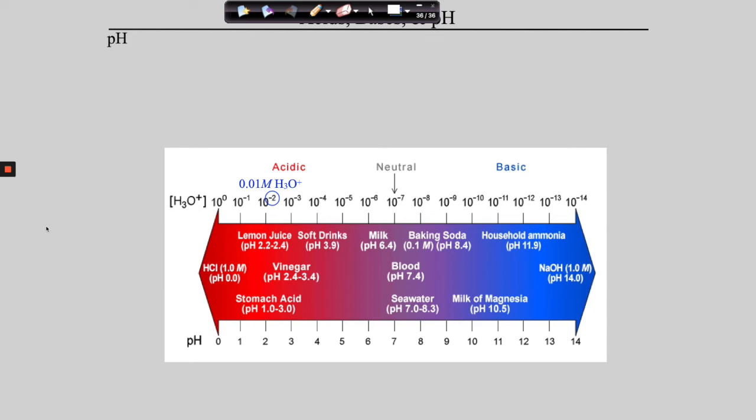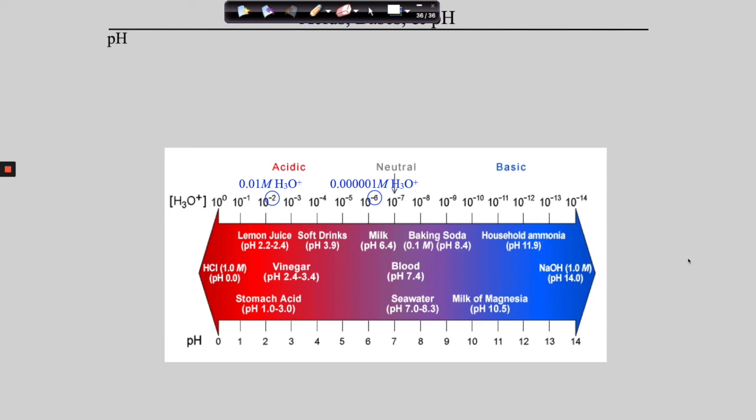Now let's compare that to milk, which is about pH 6. Bringing this up, the molarity of the hydronium ion in milk is 10 to the negative 6th. Writing that out, it's 0.000001 molar.